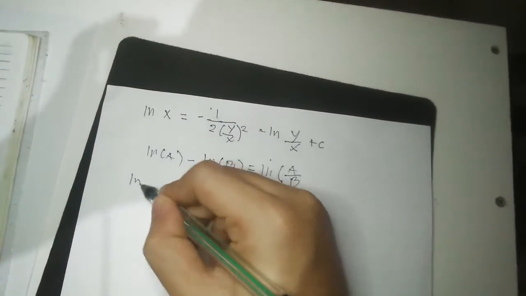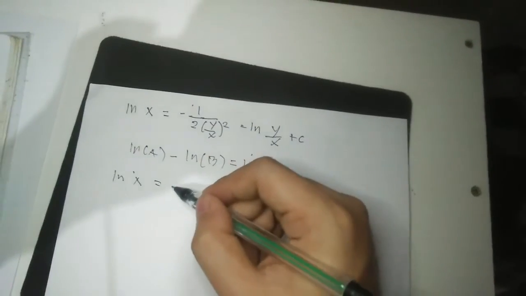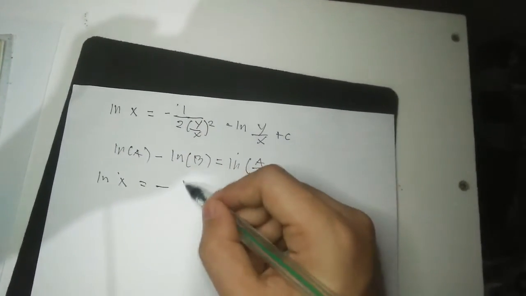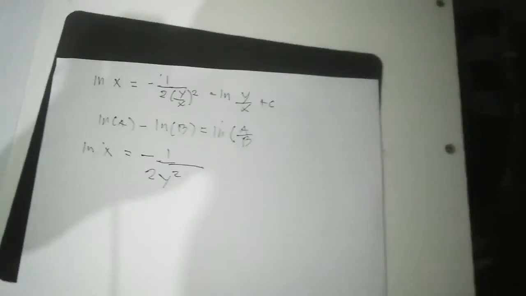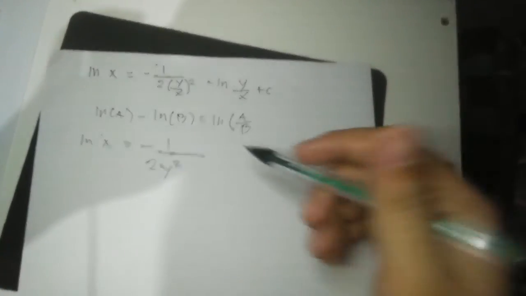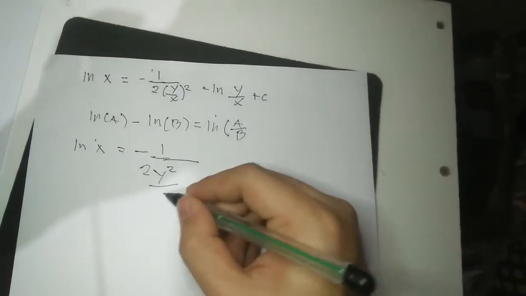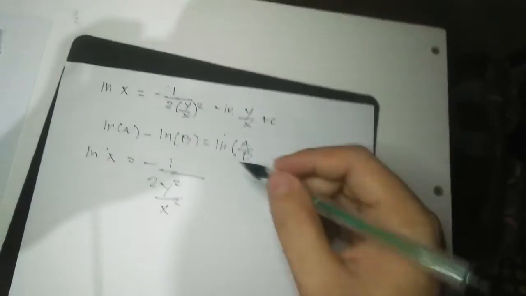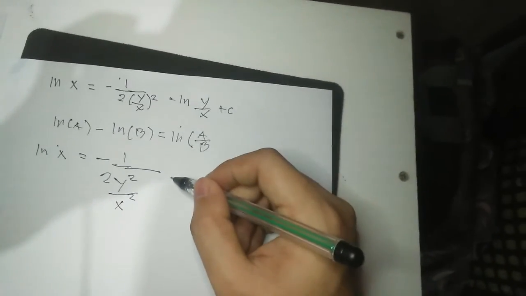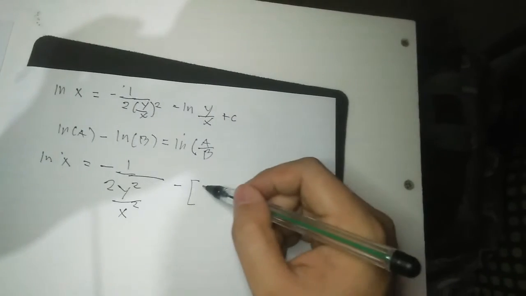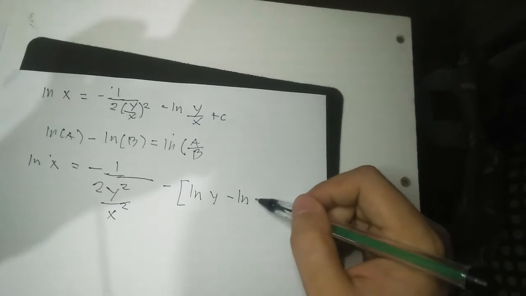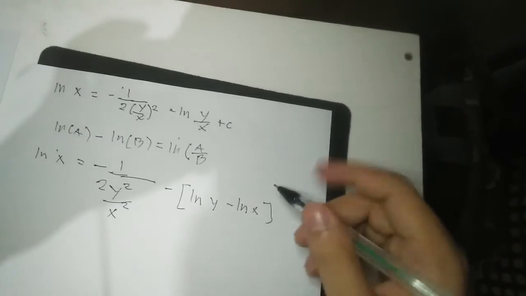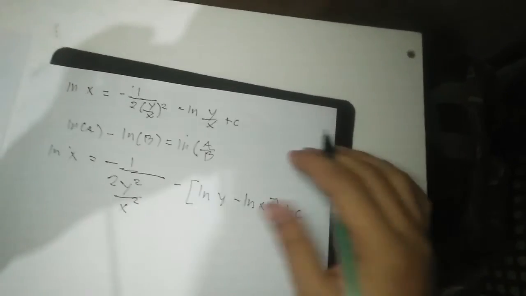So now it will become ln x equals 1 minus 2 y cube over x cubed, and then minus ln y minus ln x, then plus c.